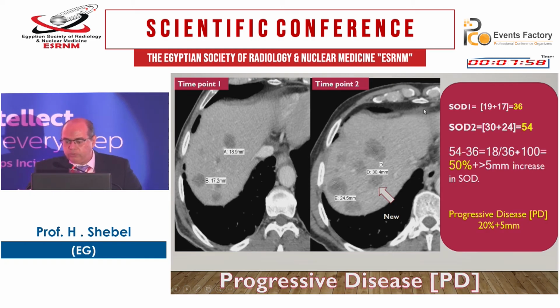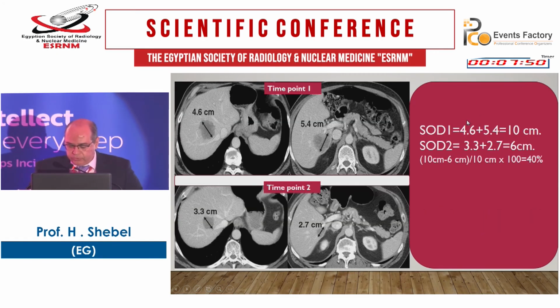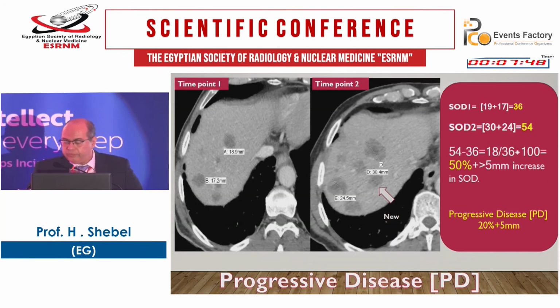So SOD1, we call it summation of diameters at point 1, 19 plus 17 equals 36. In the next exam, I follow the same lesions, but I found that 17 became 24 and 19 became 30 millimeters, and SOD2 became 54.